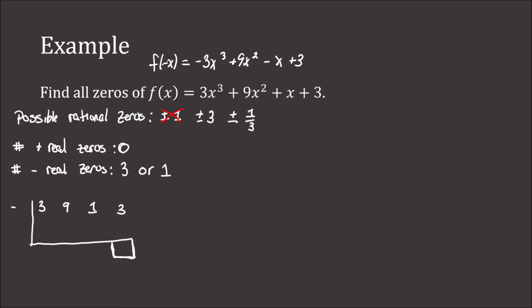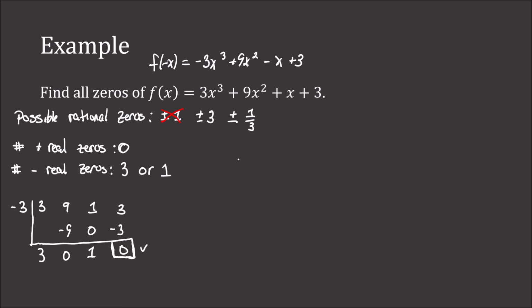Now let's try negative 3. 3 times negative 3 is negative 9, plus 9 is 0, times negative 3 is 0, plus 1 is 1, times negative 3 is negative 3, plus 3 is 0. Oh, good. So this negative 3 is a 0.